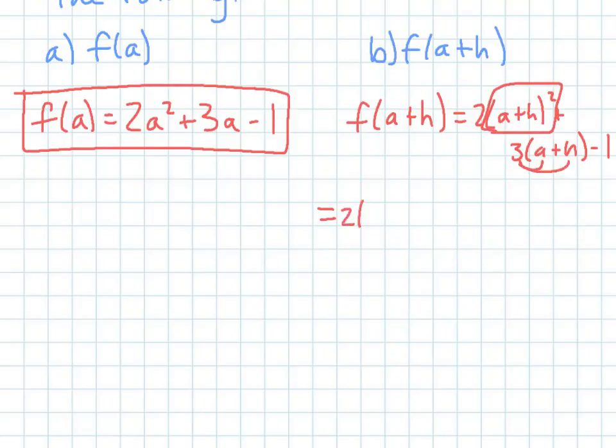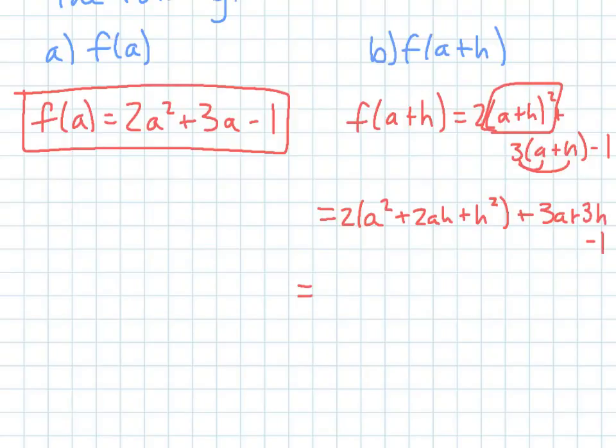So if I multiply a plus h out squared, that means I got to FOIL, so I get a squared plus 2ah plus h squared. And if I multiply this 3 through the parentheses using the distributive property, then it gives me 3a plus 3h. Then I also get the minus 1.